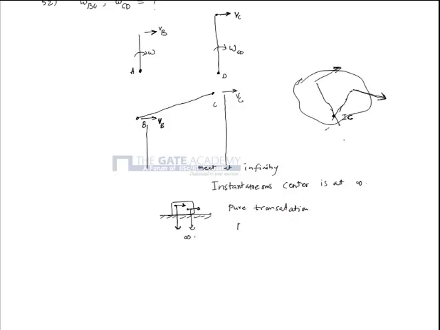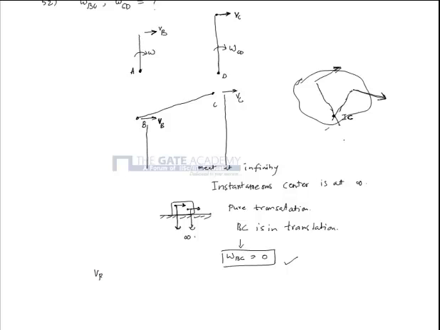Which means that link BC is in translation. And the body which is in pure translation, the omega of that body is 0. There is no angular velocity, it's in pure translation. Okay, so this is one answer.